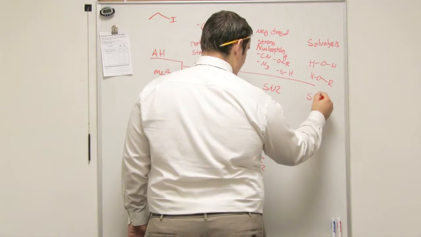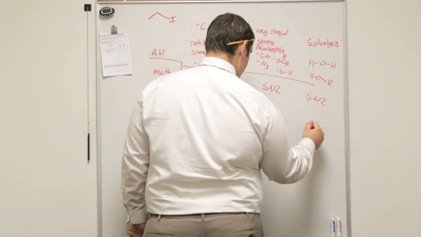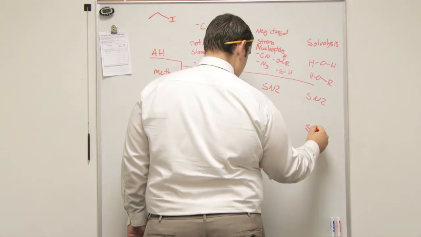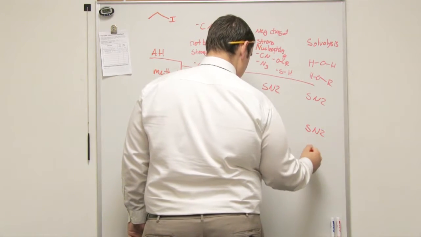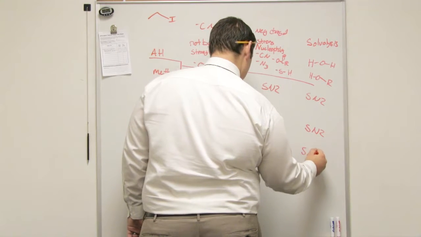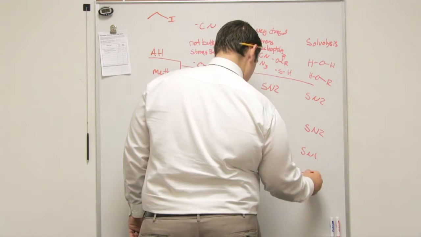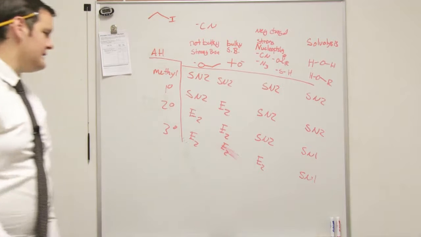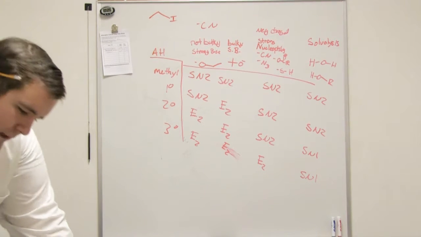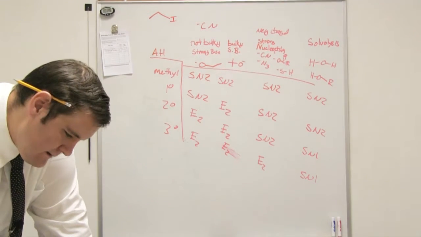I think they go by SN2 for the primary, and I think they go by SN1 like in your other cases.